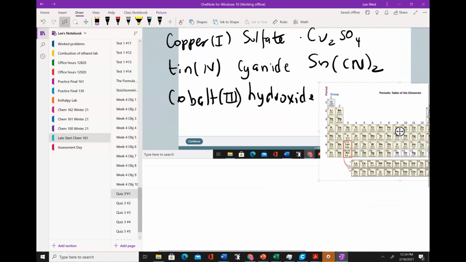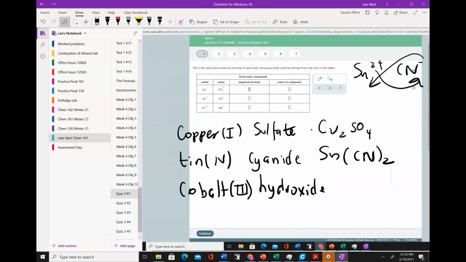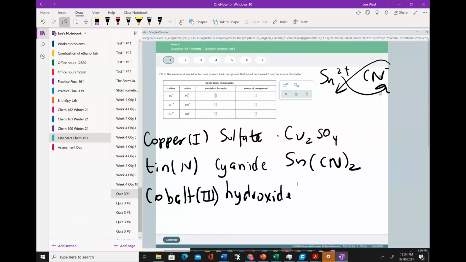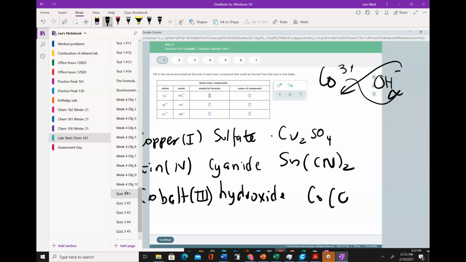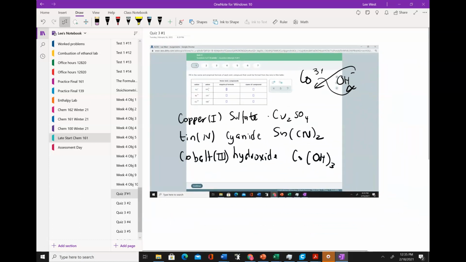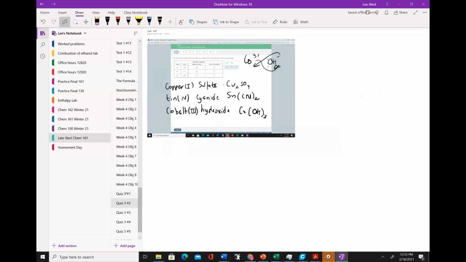Okay. My last one, cobalt 3+. Cobalt 3+, hydroxide single minus, so I need 3 hydroxides and 1 cobalt, Co(OH)3. Alright, not too bad. We can do it. Okay, next one.